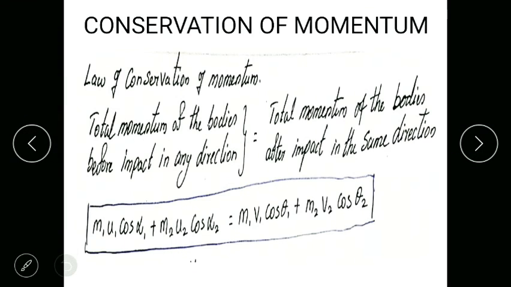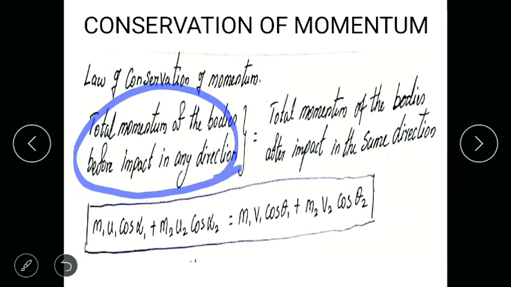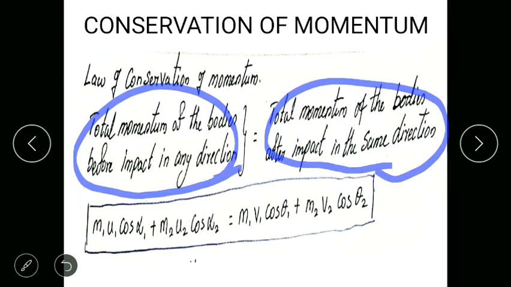So what is conservation of momentum? The total momentum of the bodies before impact is equal to the total momentum of the two bodies after impact. Momentum means mass into velocity. Now consider the horizontal component alone.